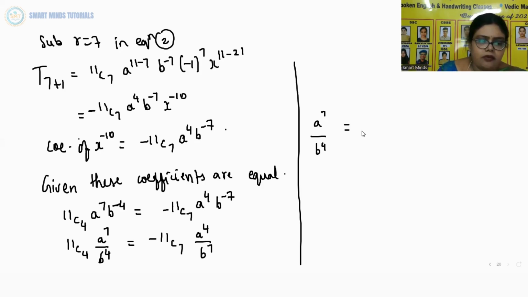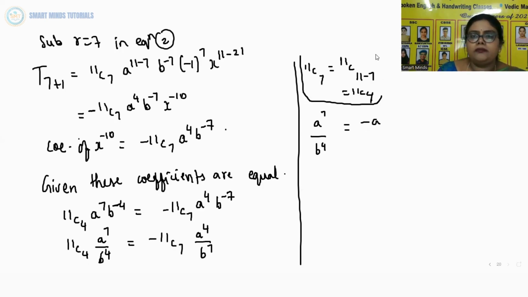now 11C4 and 11C7 can be cancelled, because 11C7 is 11C 11 minus 7, that is 11C4. So both can be cancelled. So we are left over only with minus a power 4 by b power 7.